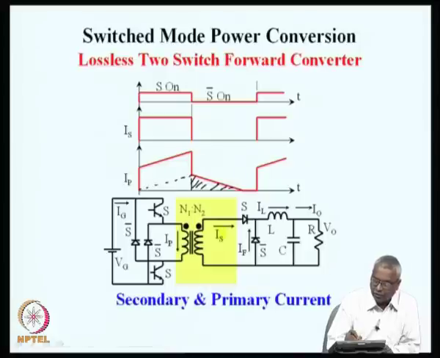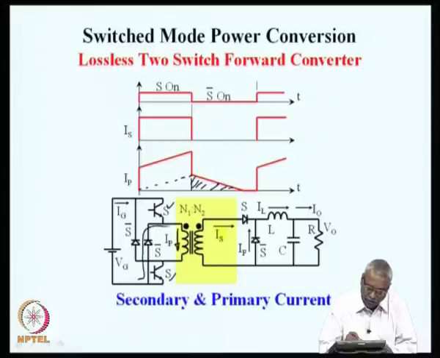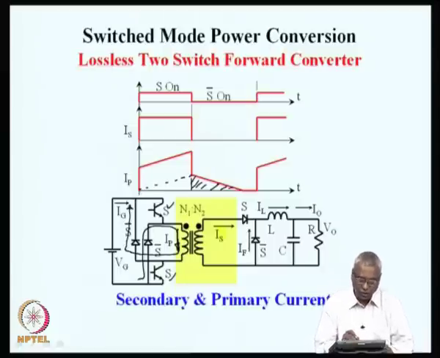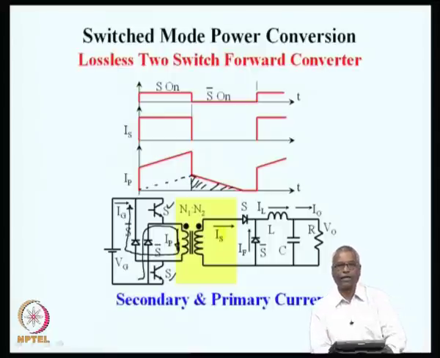You can see that the primary winding was carrying the magnetization current, and when the switches S1 and S2 are switched off, the same current comes from the negative bus in the same direction through the positive diode, and goes back into the source. So, the primary current now resets through the same winding by applying a negative voltage.